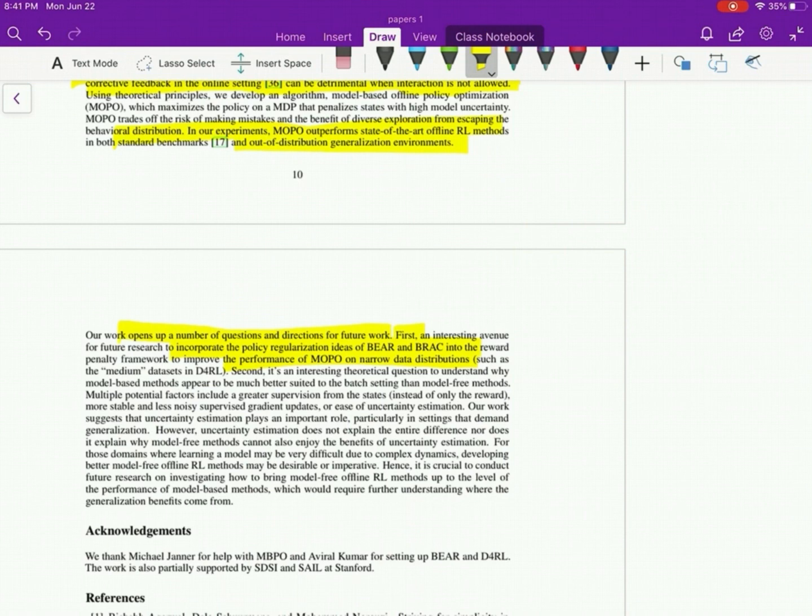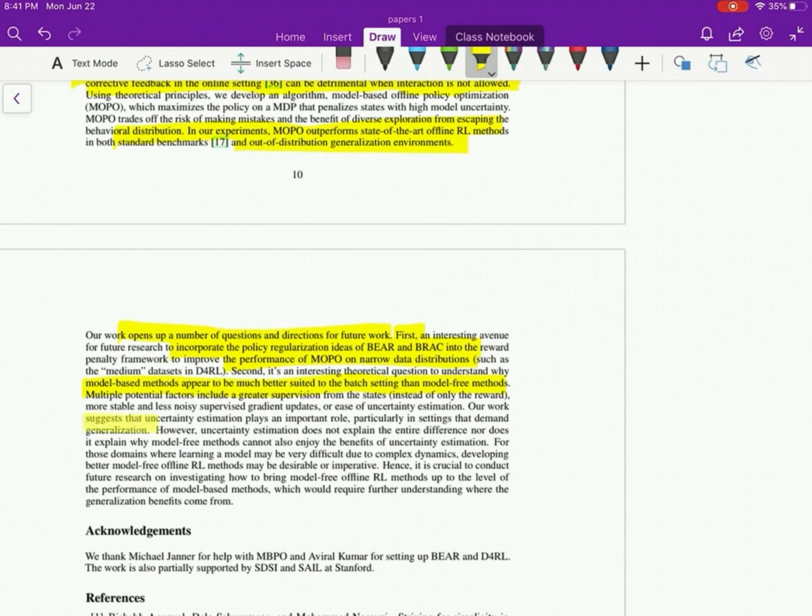Second, it's an interesting theoretical question to understand why model-based methods appear to be much better suited for the batch setting. Potentially good algorithms can be developed for model-based and model-free in certain kinds of datasets. Yeah, this seems to be a good direction to go into.